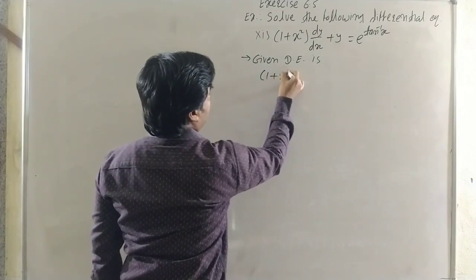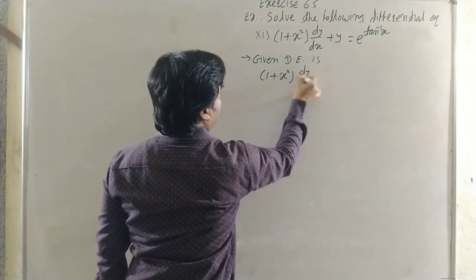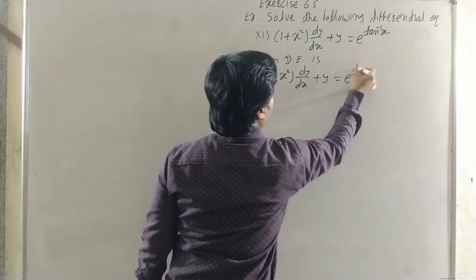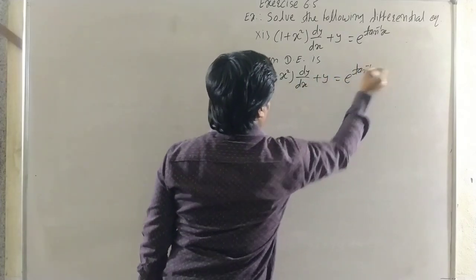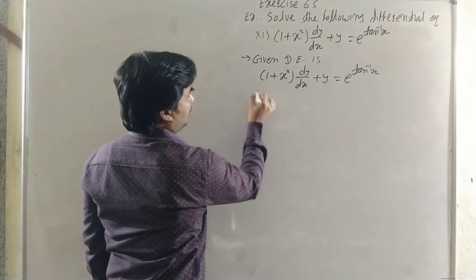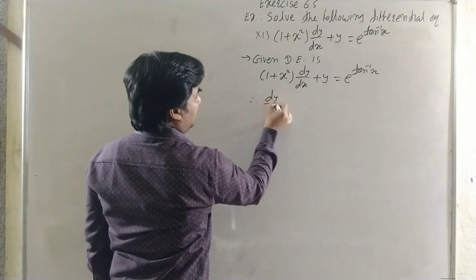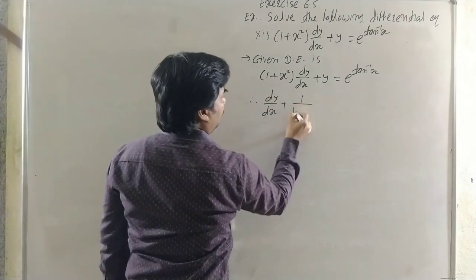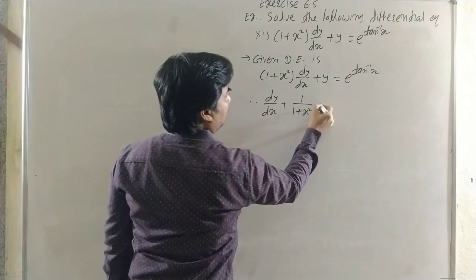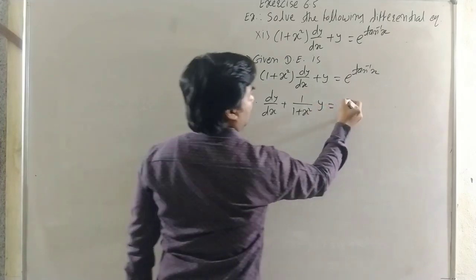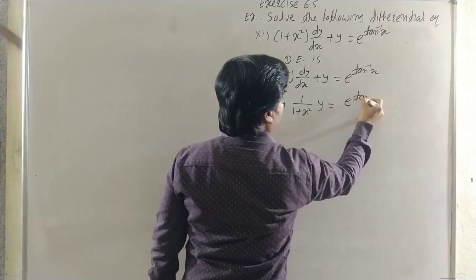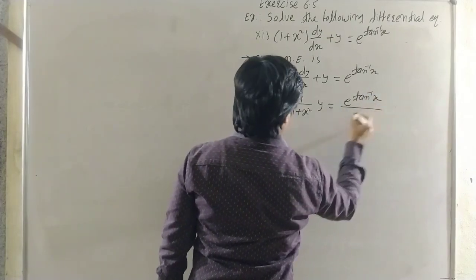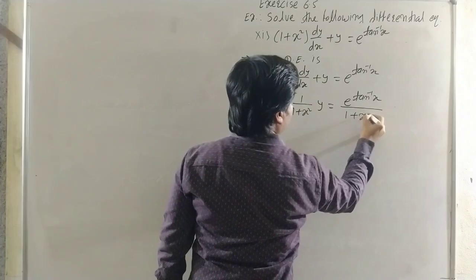1 plus x square dy by dx plus y is equal to e to the power tan inverse x. Again divide by 1 plus x square. So we get dy by dx plus 1 upon 1 plus x square into y is equal to e to the power tan inverse x upon 1 plus x square.